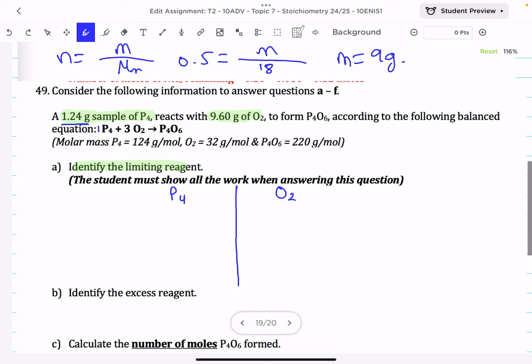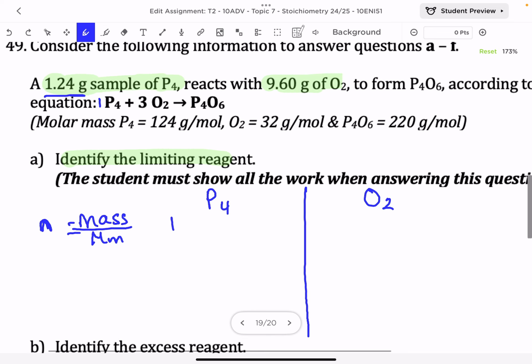It means I cannot divide the 1.24 over 1 and the 9.6 over 3 as a first step. No, from this mass I need to find the mole, so I need to divide it by the molar mass. So the 1.24 will be divided by the molar mass of P4, and that is 0.01.